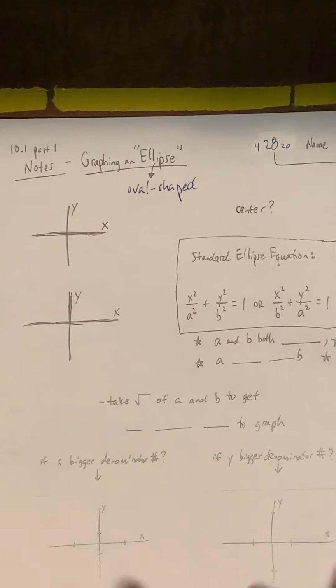Okay, you guys graphed circles in geometry a couple years ago, and we're going to review circles later on in the year as well. But an ellipse is similar to a circle when you graph it and some of the characteristics and how you do it, but the radius isn't the same around the whole shape.